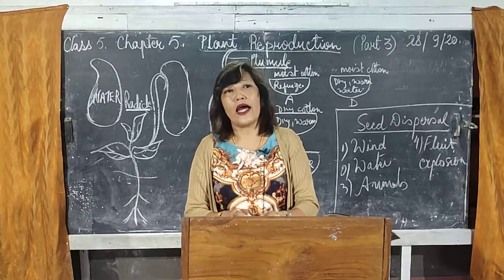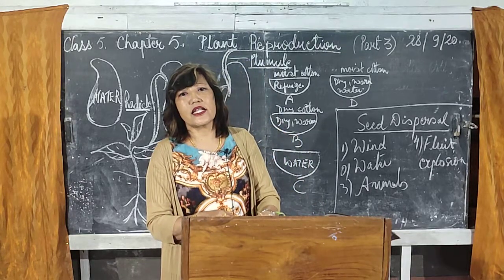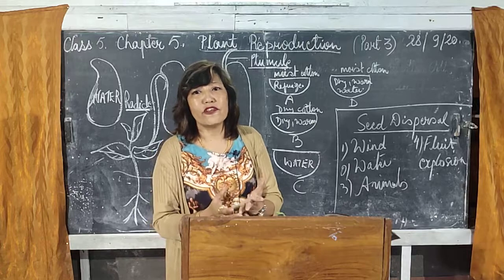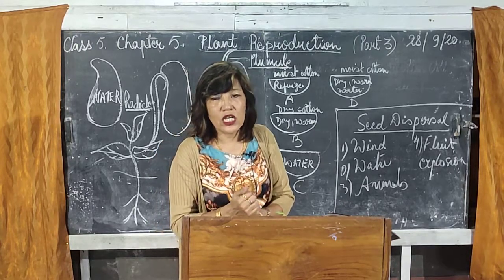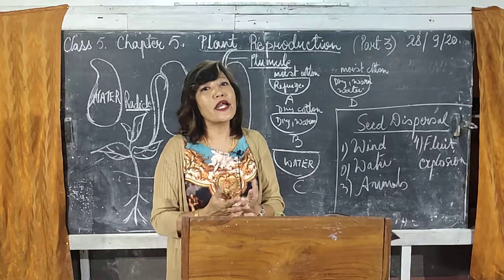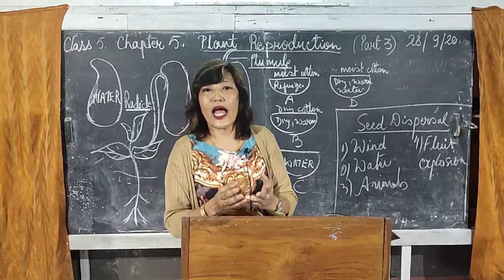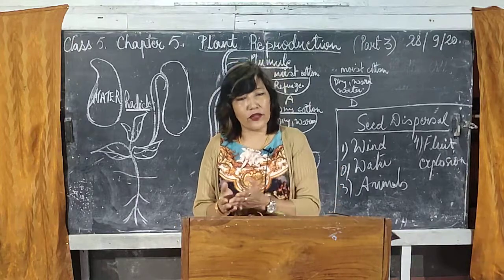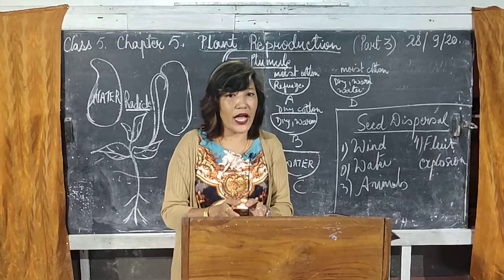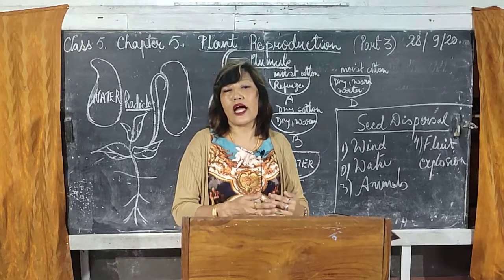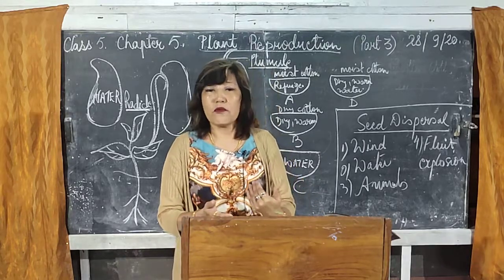In other cases, some of the seeds have hook-like structures, some have spine-like structures. So while the animal moves from one place to another, these seeds cling to the body of the animals. In that way they will be carried far away from their parent plant.